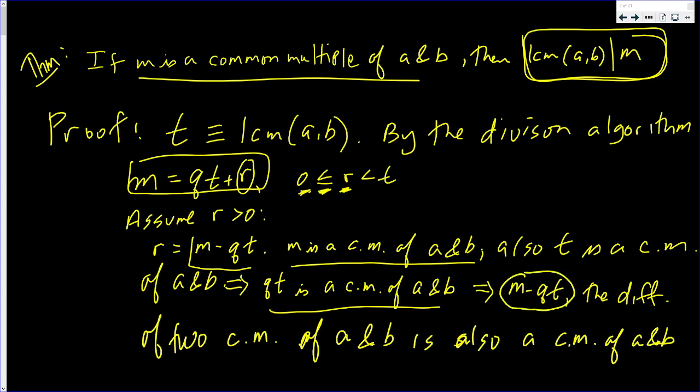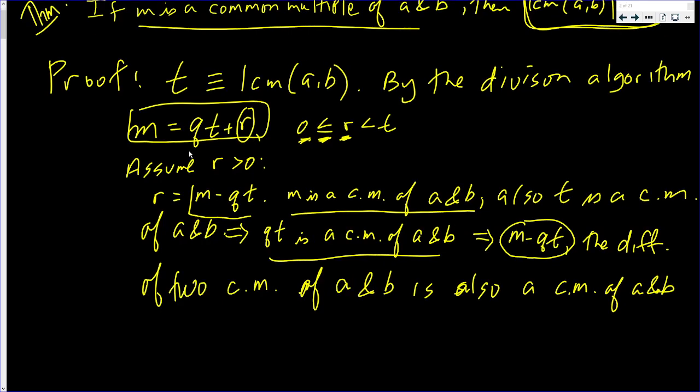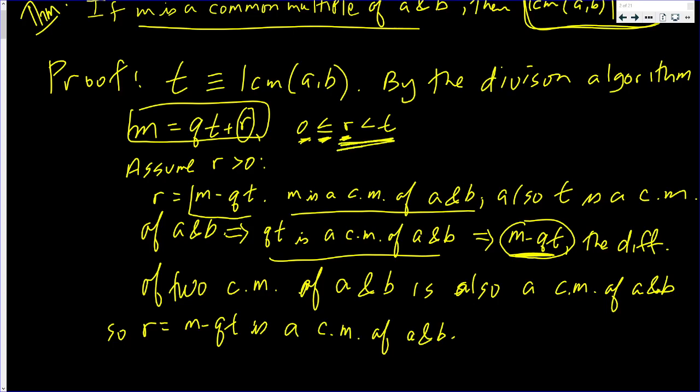So this here is a common multiple of a and b. Only there's one good thing about it, that's r. So r equals m minus qt is a common multiple of a and b. But where is it? Right here.